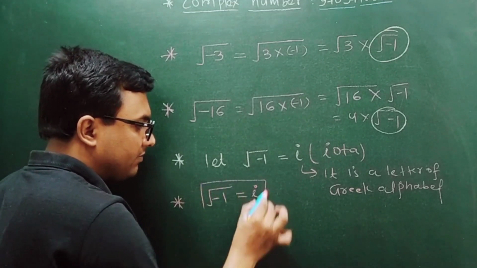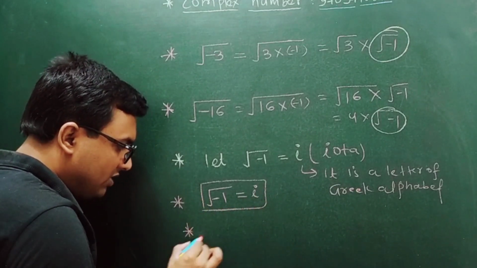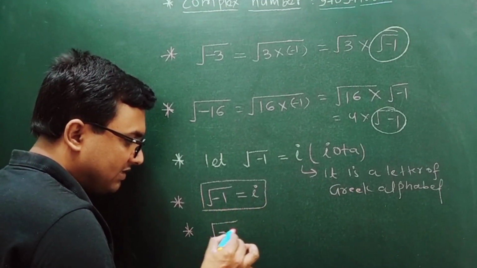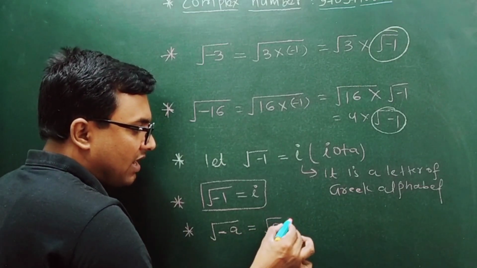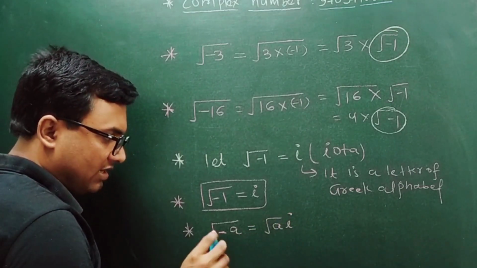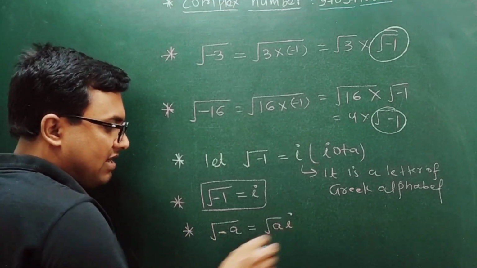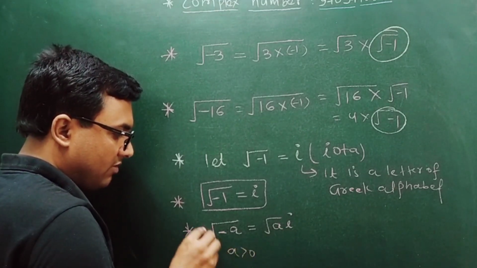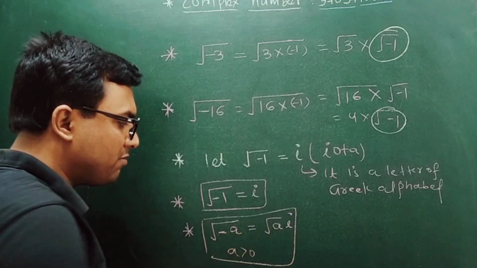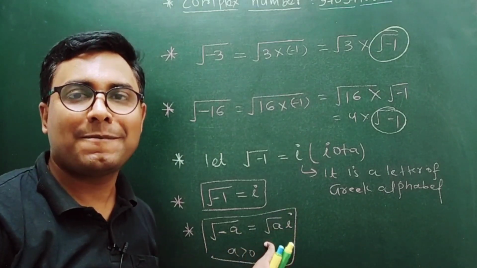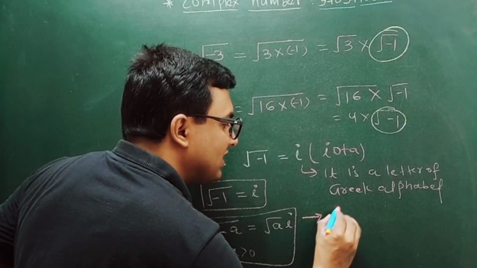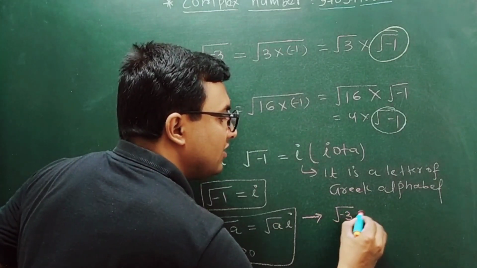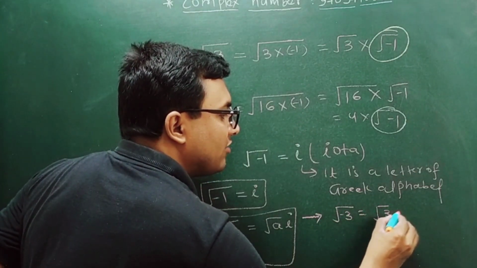Always remember, root under minus a is equal to root under a into iota, where a is greater than 0. What is the meaning of this? That means root under minus 3 is equal to root under 3 iota.